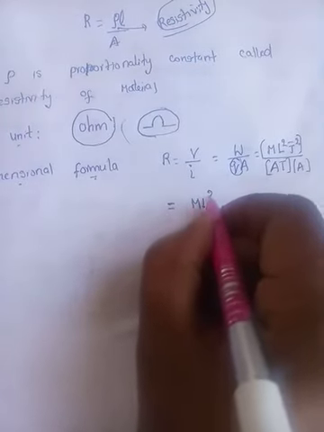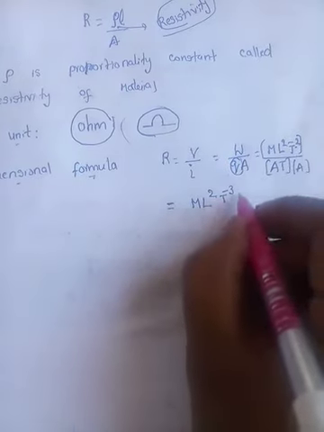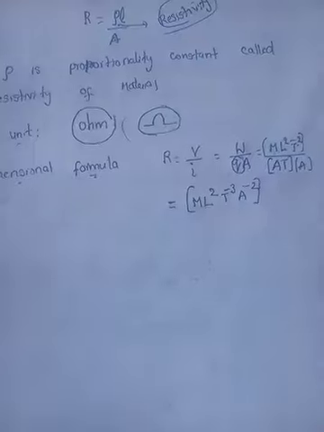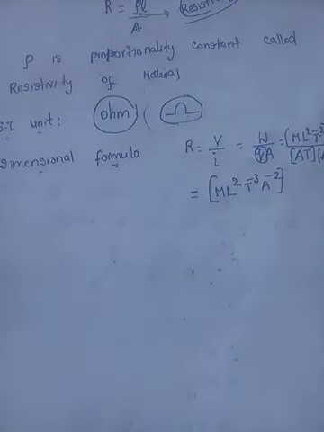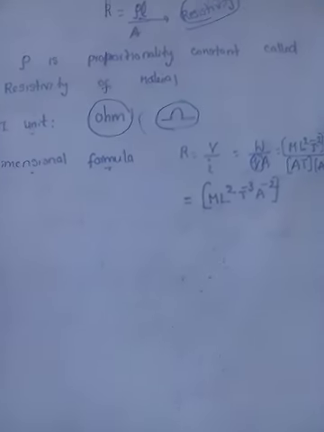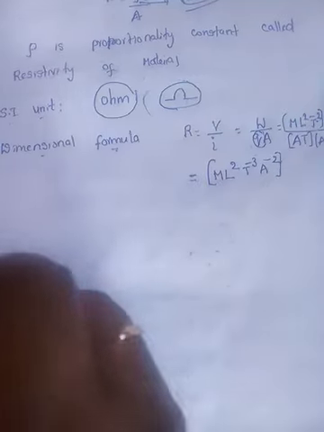M L square T power minus 3 A power minus 2. So this is the dimensional formula for resistance, and resistance is measured in ohms. Now here is one more quantity we learned. What is that? Resistivity. Let us define what resistivity is.